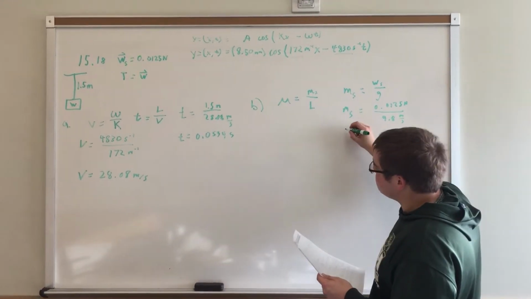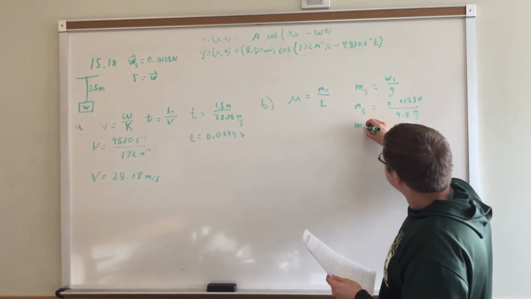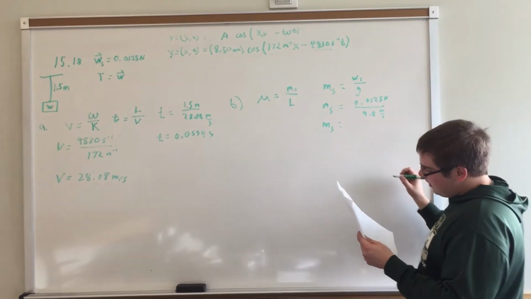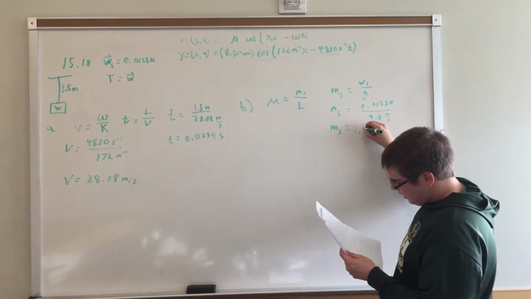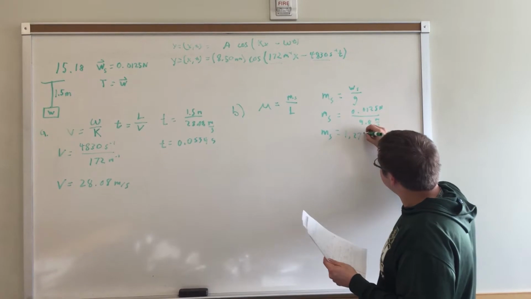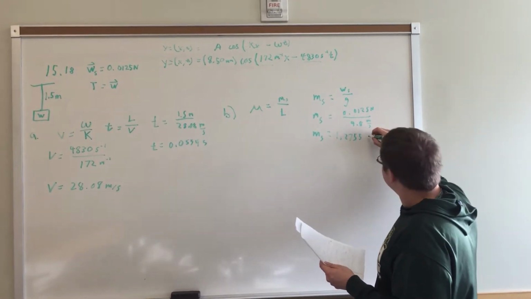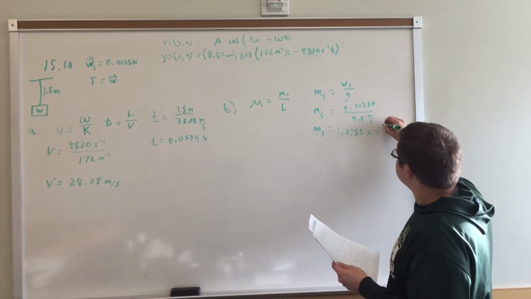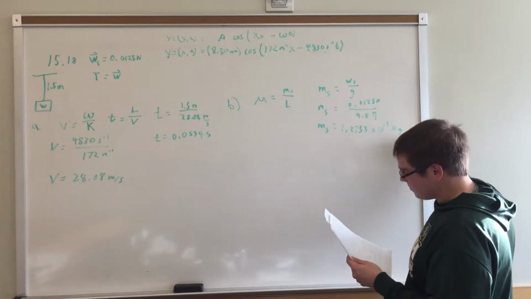And we get that the mass of the string is equal to 1.2755 times 10 to the negative third kilograms.